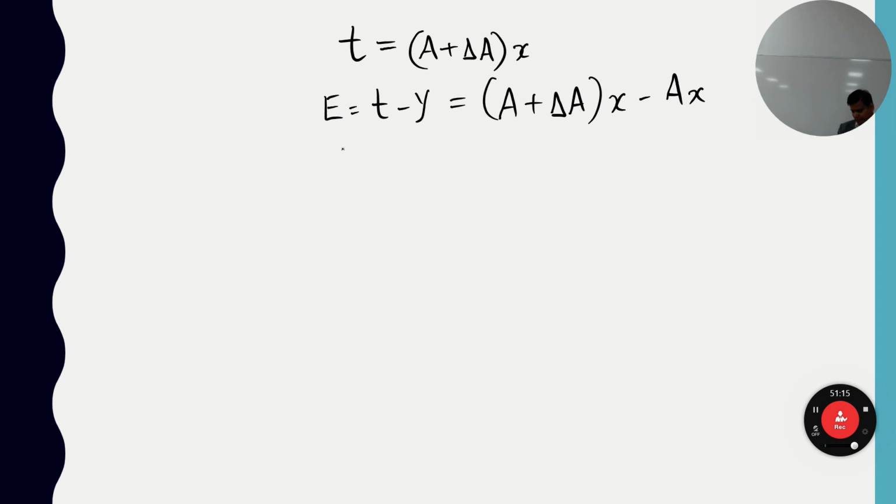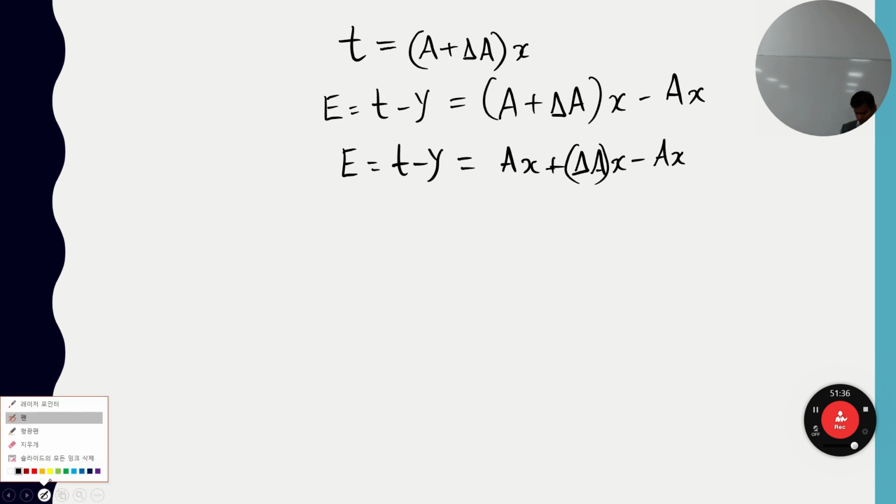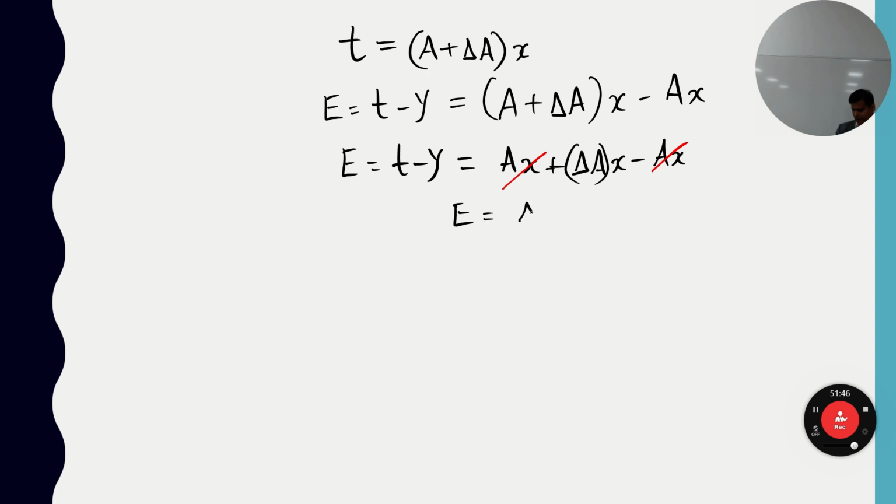So you have E equals the same T minus Y, equals AX plus delta A X minus AX. So finally E is nothing but delta A X, right?